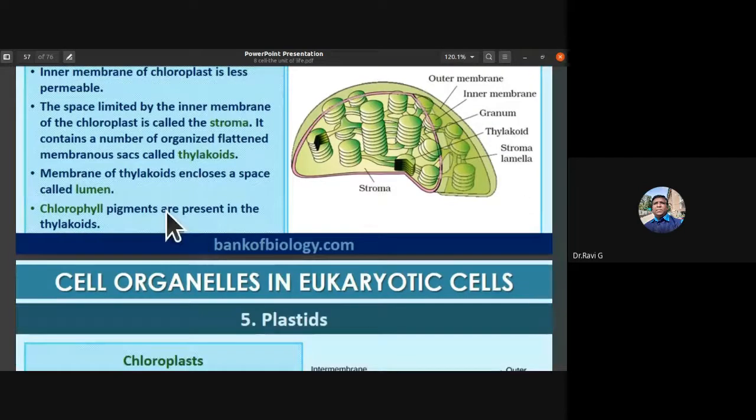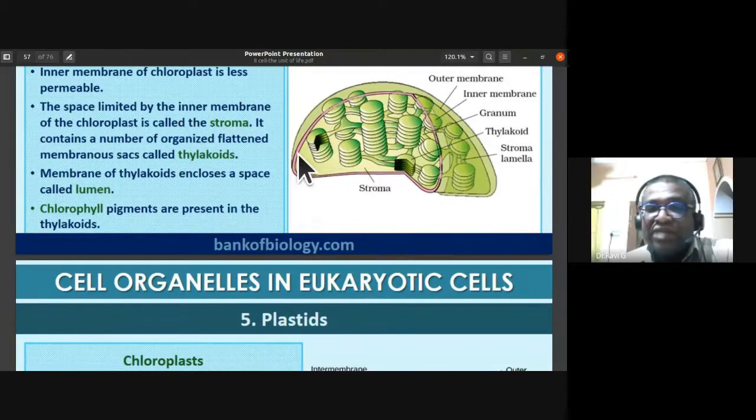The membrane of the thylakoids encloses a space. When you dissect them, they have a space within them, called the lumen. The chlorophyll pigments are present in the thylakoids, in the organized, sac-like, flattened membranous sacs.